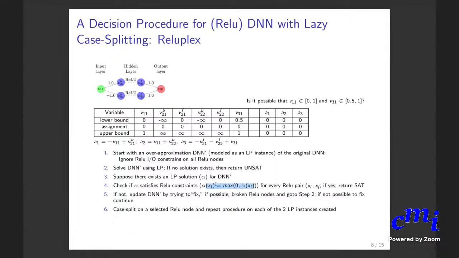It fixes it, and then it goes back to see, because as a result of fixing this broken ReLU pair, you might end up violating the constraints on the other variables, the non-ReLU variables like V11, V31, and so on.